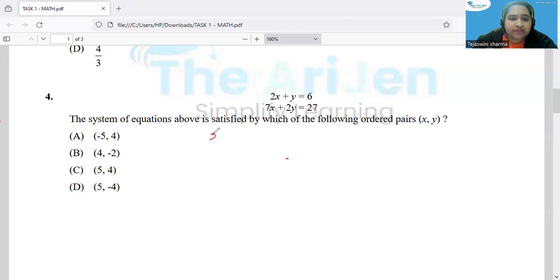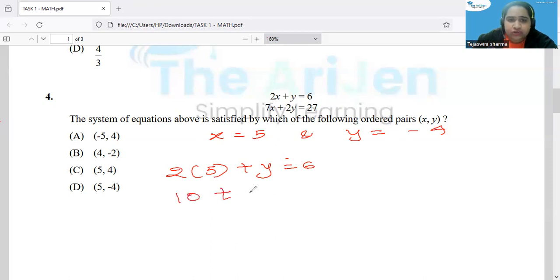So when I put the value of x equals 5 and the value of y equals -4 in the given system of equations, what do we get? 2 times 5 is 10, and the value of y is 4 minus 4.